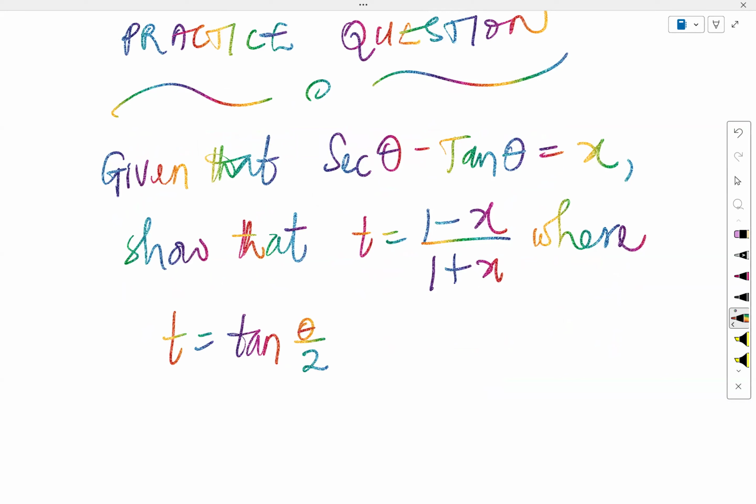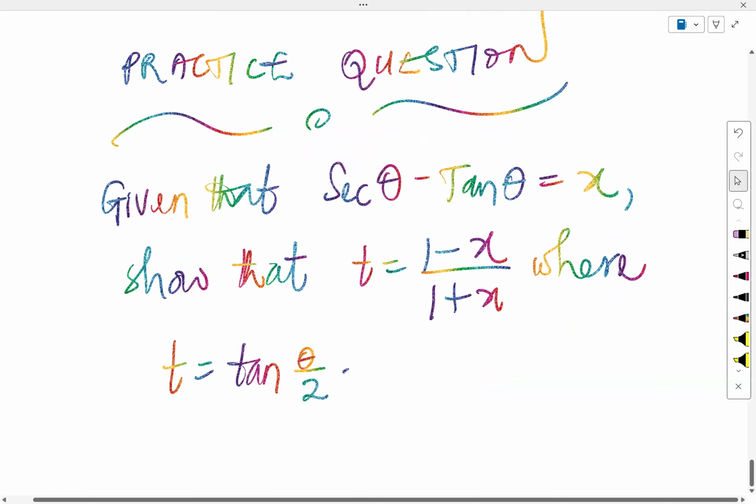Of course, that's still tan half theta. So try this out and see how you can go about it.